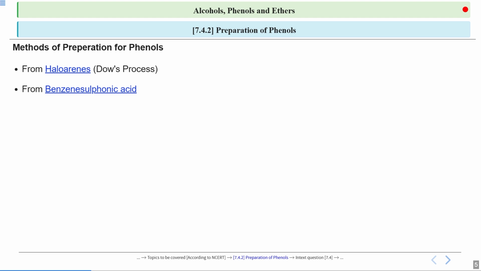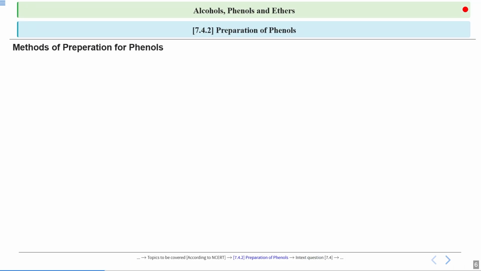Next is benzene sulfonic acid, where we will see how from benzene sulfonic acid we get a phenol. Next is the diazonium salt. And the fourth method is from cumene. One by one we will see all these 4 methods for the preparation of phenols.